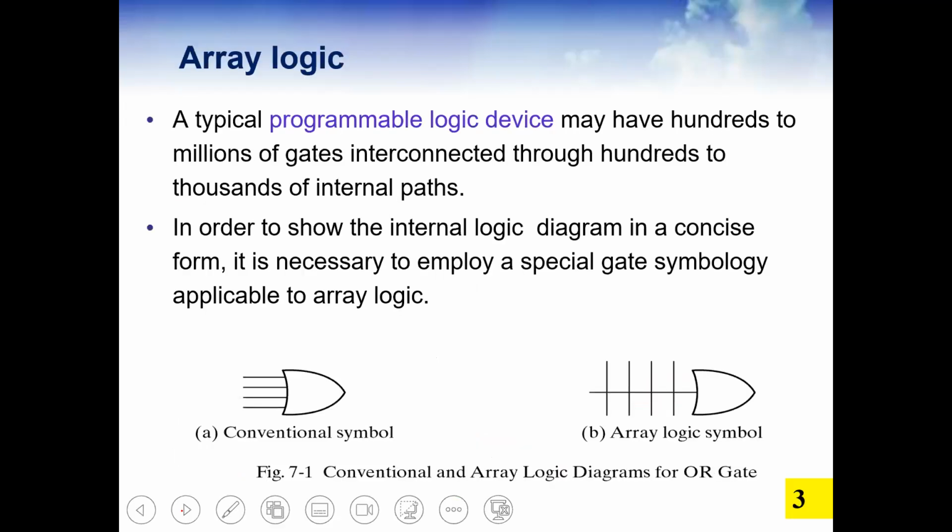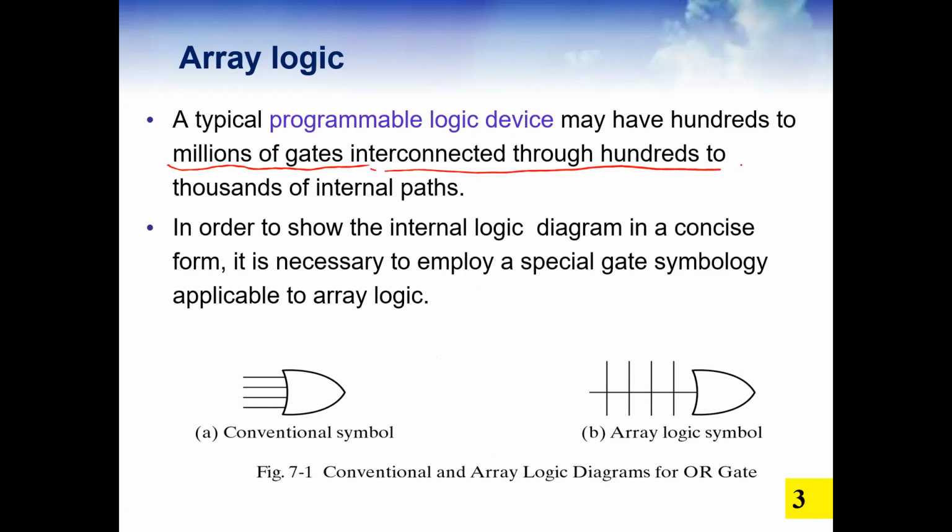So let's move first to array logic. Array logic is a little bit different from the conventional logic symbols. We'll see now here. A typical programmable logic device may have 100 to millions of gates interconnected through 100 to 1000s of internal paths.